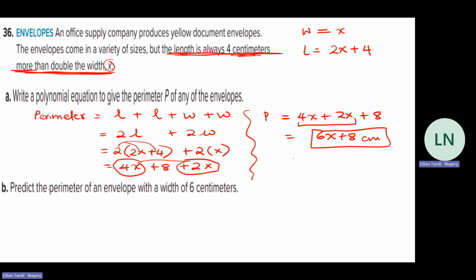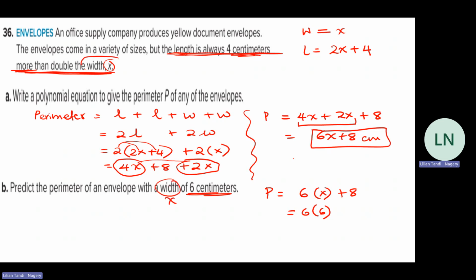Predict the perimeter of an envelope with a width of 6 centimeters. So the perimeter of an envelope with 6 centimeters will be 6x plus 8, 6 times 6, because now you have been told to use x as 6. How did I know width was x?